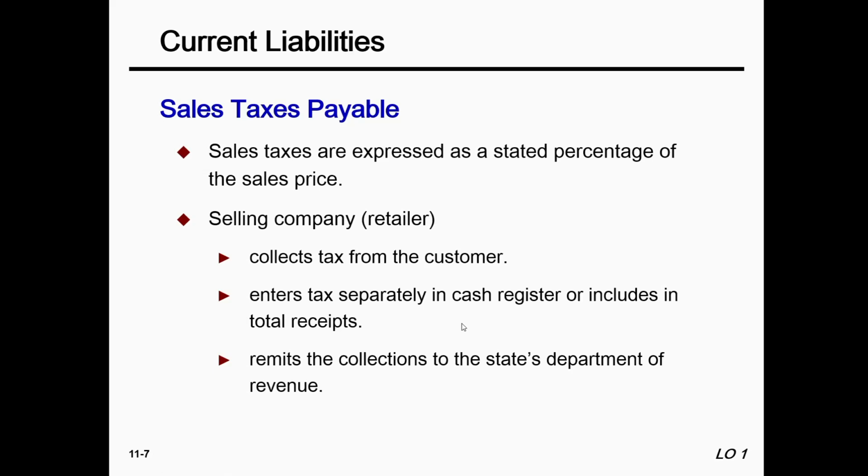Or the second way is that it is recorded in the sales revenue, meaning the complete amount which we are collecting, which includes the sales price plus the sales tax. And in that case, we have to extract it out from the full collected receipt so that we can remit the collection to the State Department of Revenue. So whatever tax you collect, you have to remit it to the State Department.